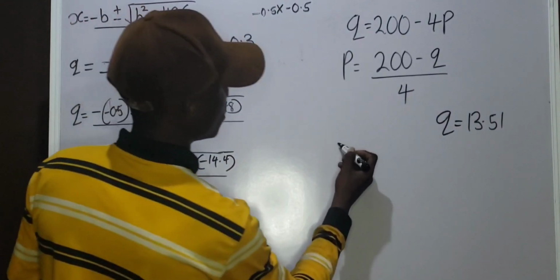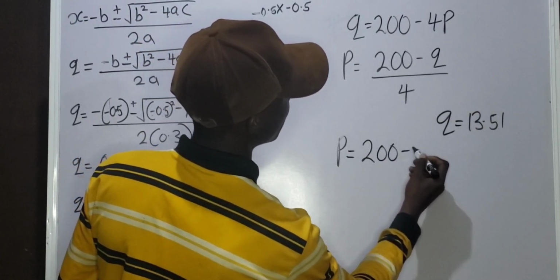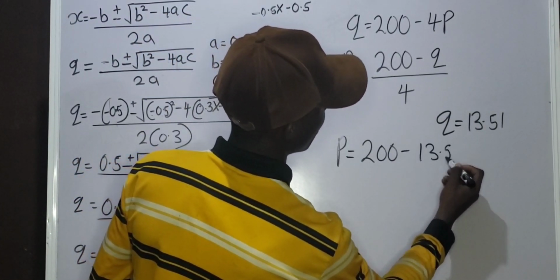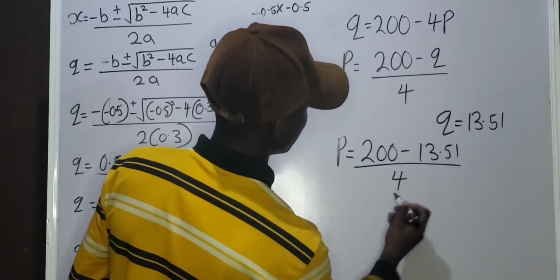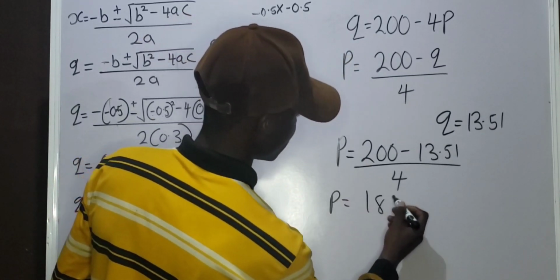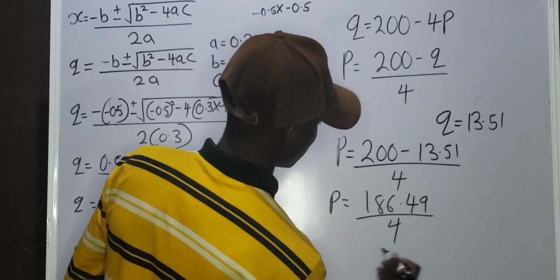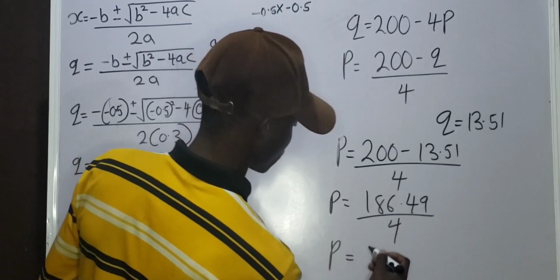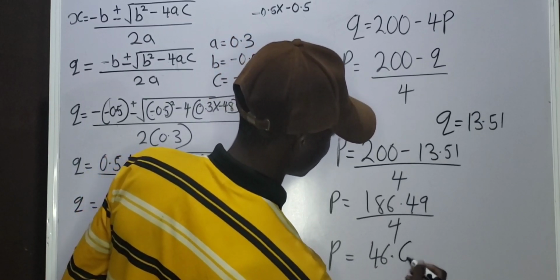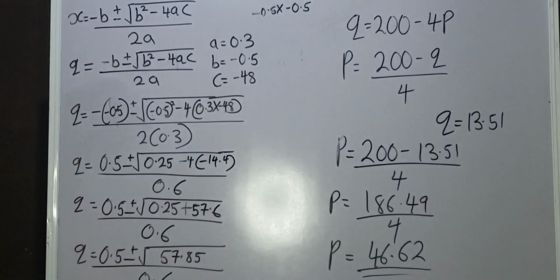So the price that the company will maximize will be 200 minus 13.51 all over 4. So P is equal to 186.49 all over 4. So P is equal to 46.62, which is the same thing as what we got in our previous solution.